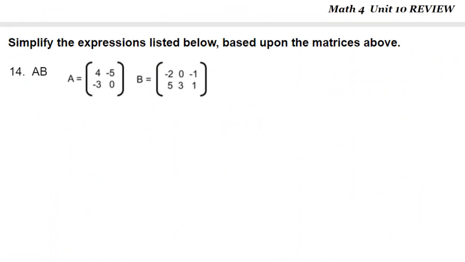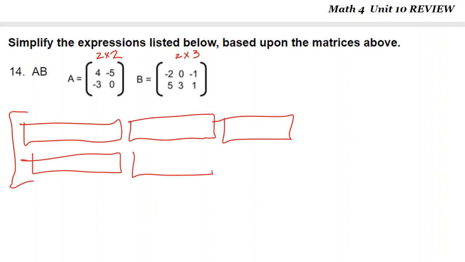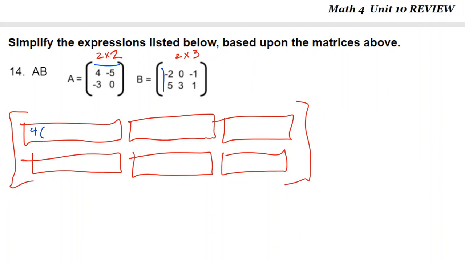This is a 2 by 2, 2 rows and 3 columns, which means we are going to have a 2 by 3 when we are done. Okay, so we are doing first row, first column, 4 times negative 2 plus negative 5 times 5.